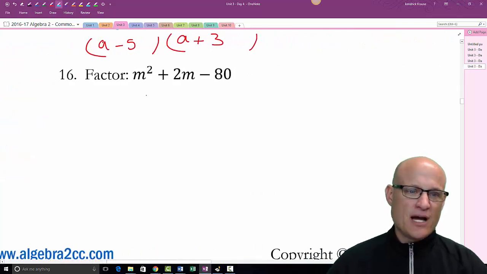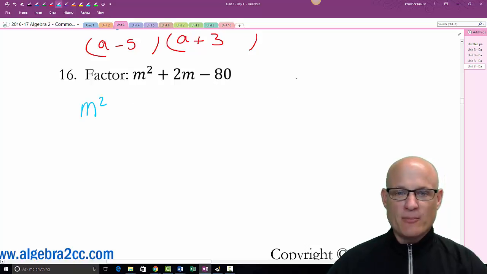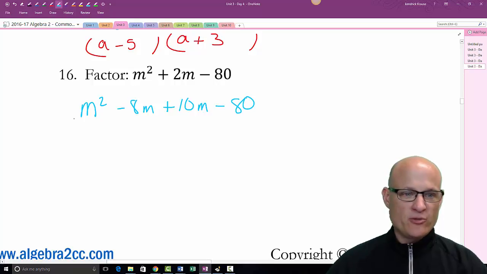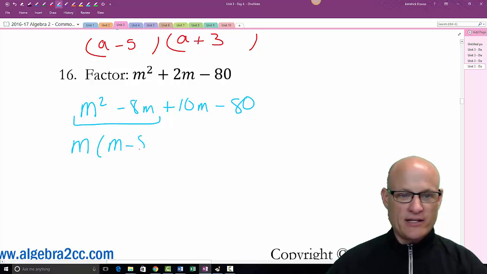Dots. All right, multiply to negative 80 and sum to 2. So I believe that is minus 8m plus 10m minus 80. What do these two have in common? They have an m in common, and I'm left with m minus 8. What do these two have in common?